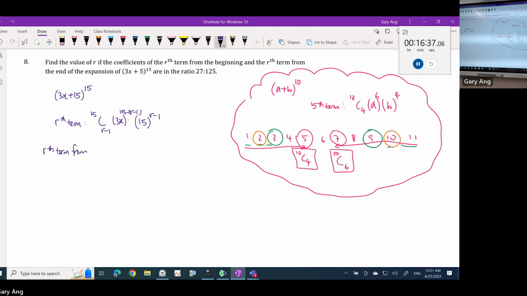From behind, we know that whatever it is, the NCR or whatever ranking number, it has to be the same.